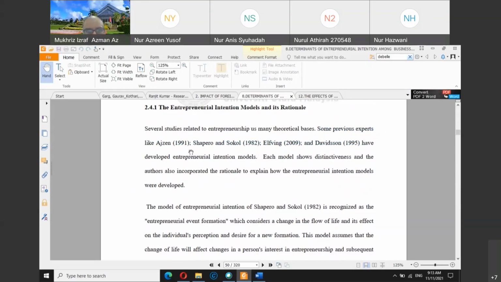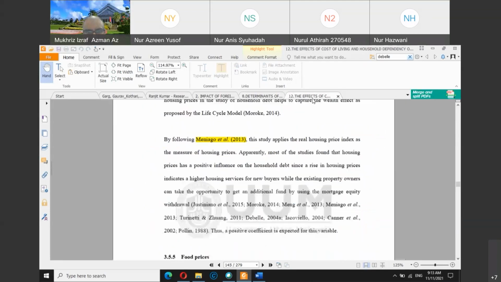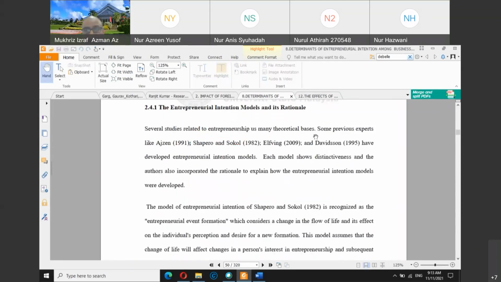I'm not sure why the student put semicolon. For me, it's supposed to be just comma, not semicolon. Let me check. Okay, correct, semicolon.